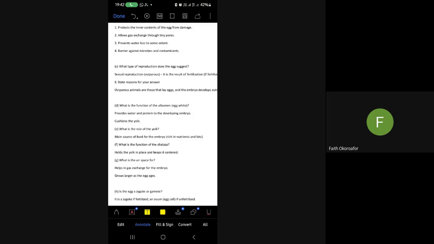Egg is proteinous. So it supplies water and protein for the developing embryo. Understood?